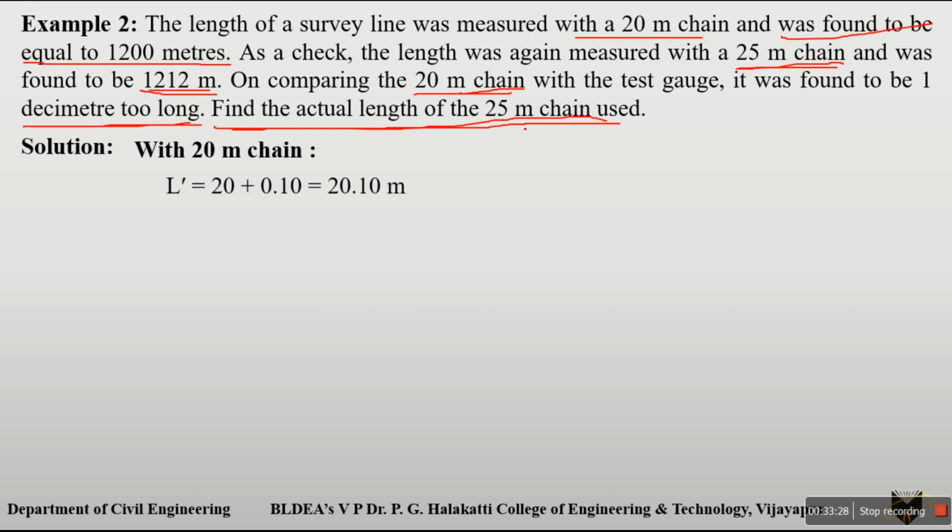Solution. First we have to find the true length of the line, because the 20-meter chain has an error of 1 decimeter. 1 decimeter means 10 centimeters, which you can convert into meters. So the incorrect length of the chain is L dash is equal to 20 plus 0.10, that is equal to 20.10 meters.